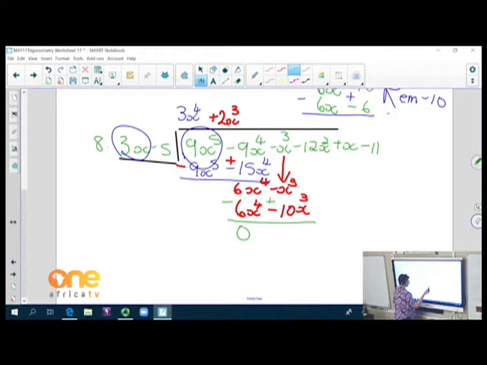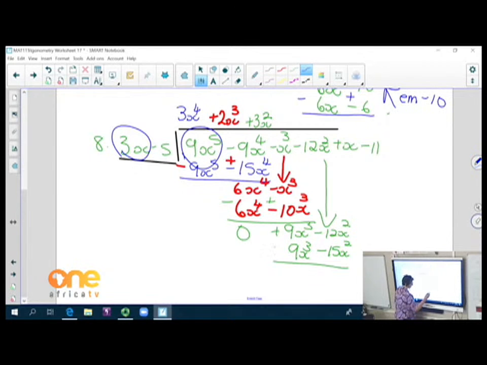Negative 1 plus 10 is plus 9x to the power of 3. Bring down that one, negative 12x squared. How many times will it divide? Plus 3x squared times. Multiply. Then you have 9x cubed, and there it will be minus 15x squared.